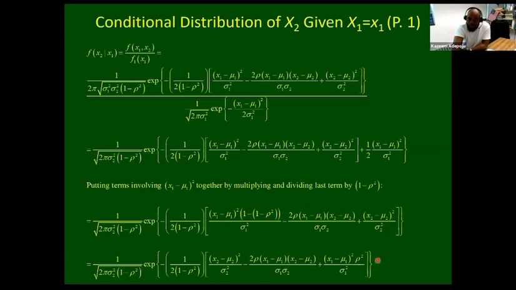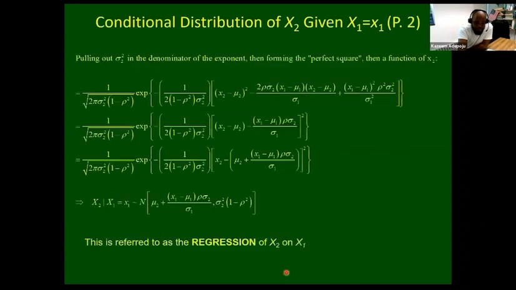Now, this is where we are now. Don't forget, what are we doing? We're trying to figure out f of x2 given x1 using the bivariate normal density. The next thing we are going to do, when I find myself here, is pull out the sigma 2 squared in the denominator.